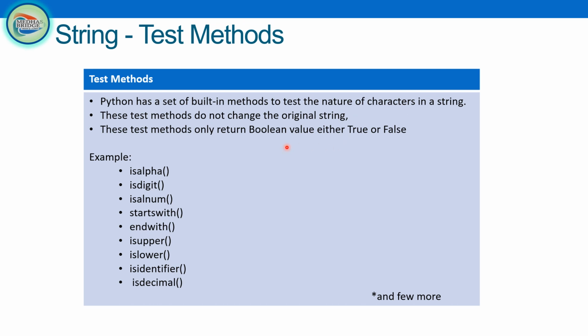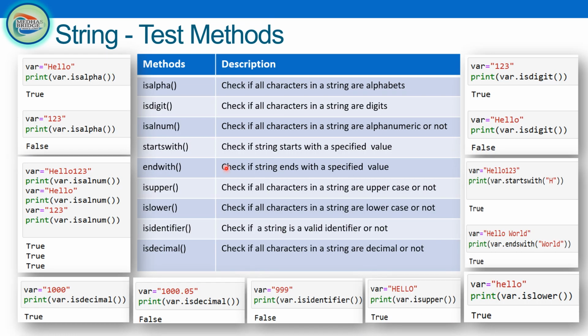These test methods only return a boolean value which is either true or false. Examples: isalpha, isdigit, isalnum, startswith, endswith, isupper, islower, isidentifier, isdecimal, and a few more. Let us look at string test methods.